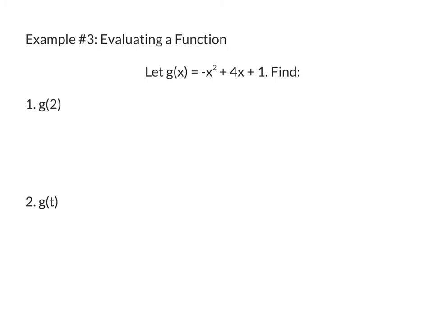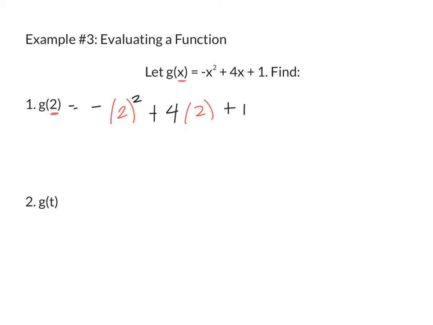All right, so now we're going to start evaluating functions. This may feel a lot more familiar, especially if you think back to your Algebra 1 days. This simply means that we're going to substitute. So for this first example, we are substituting 2 in the place of x in our function. So here we go. We would have negative 2 squared plus 4 times 2 plus 1.